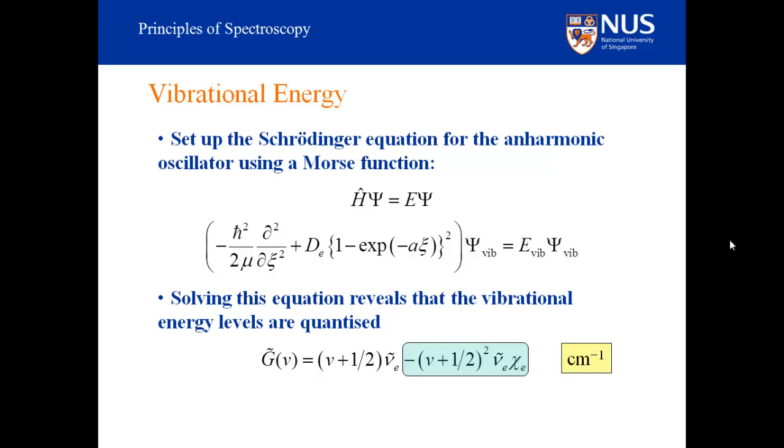In general, of course, the nu e chi e factor is a small number. This second term is generally a small perturbation to the vibrational energy. For small values of v, you can sometimes ignore this part, in which case you get back exactly what we had for the harmonic oscillator. If this second term is very small, i.e. insignificant, then we get our harmonic oscillator solution.